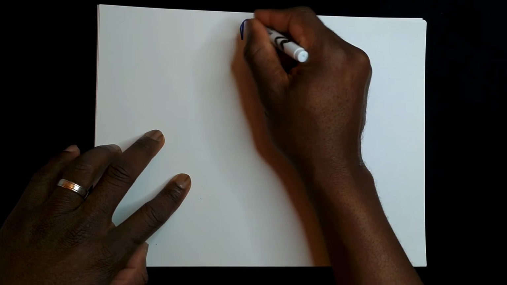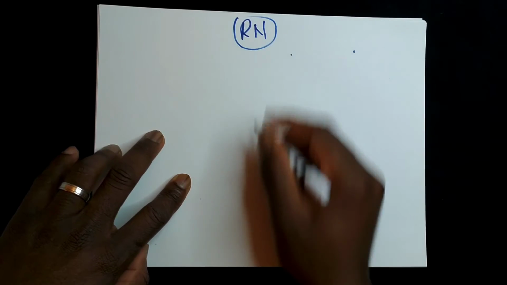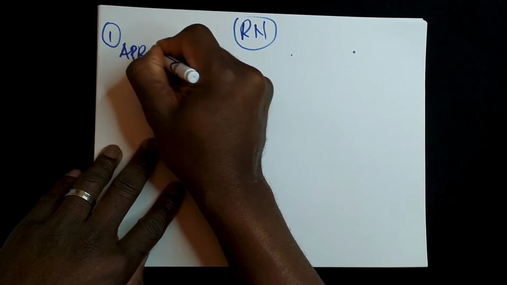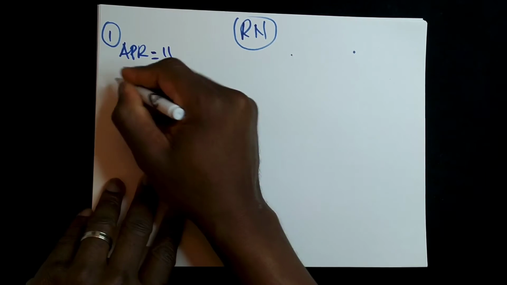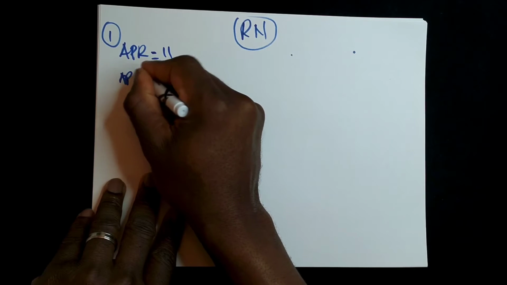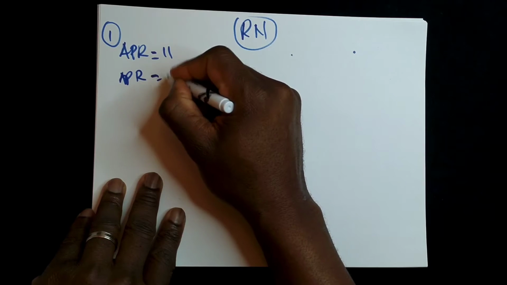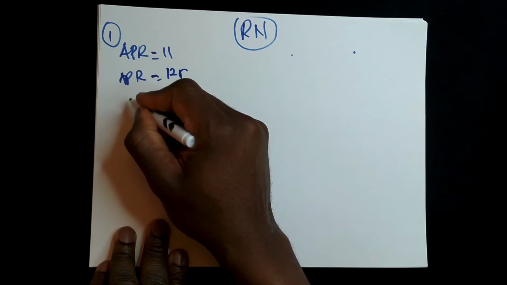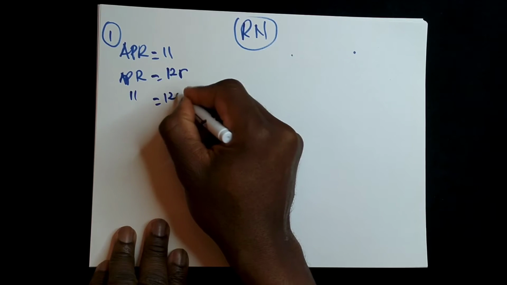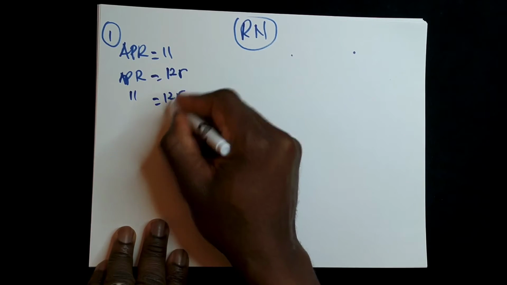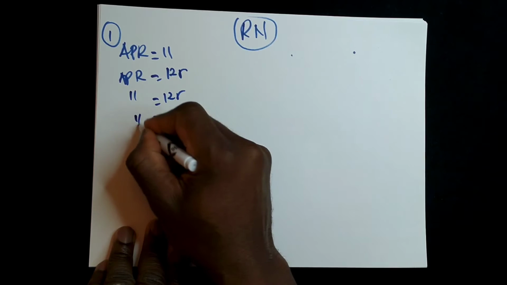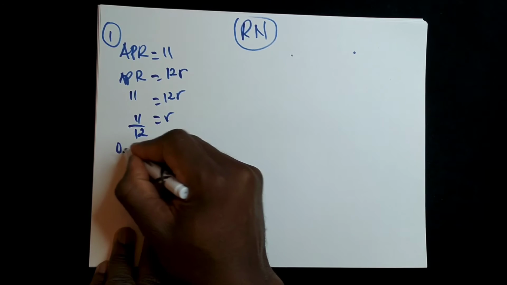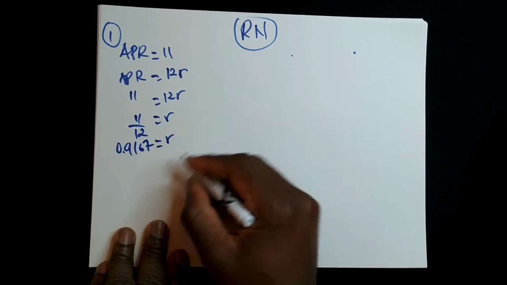Today we are talking about real numbers, and our first example is about APR, which is 11. The formula of APR is the number of months, which is 12 in a year, multiplied by the rate. And we know that APR, 11, is equal to 12 R. So R, the rate, will be 11 over 12, which I believe is equal to 0.9167.